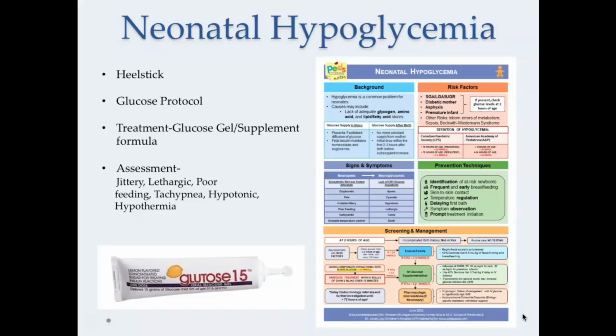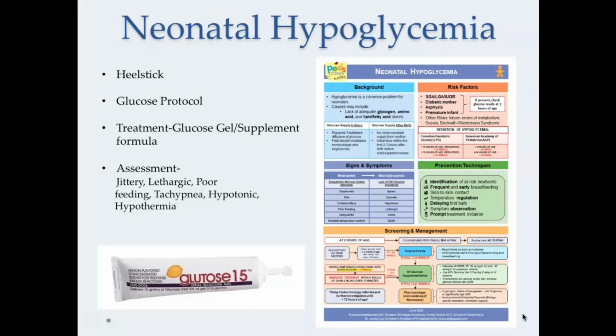Typically, newborns who are hypoglycemic may show signs where they're jittery, they're going to be lethargic or sleepy. They're going to have poor feedings, increased respiratory rate, and they can get cold when you have a baby who's hypoglycemic. Or hypothermia can cause a newborn to become hypoglycemic.